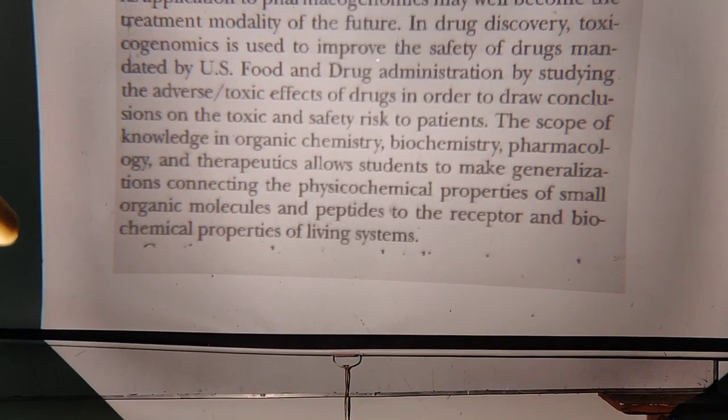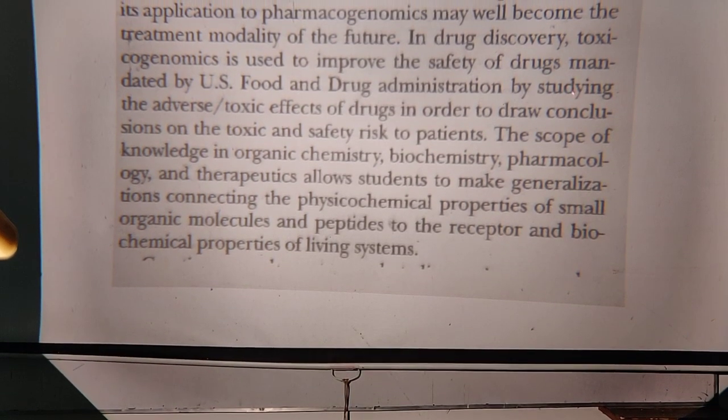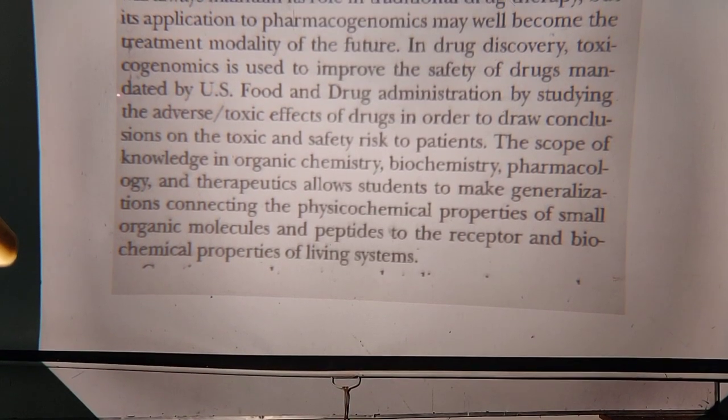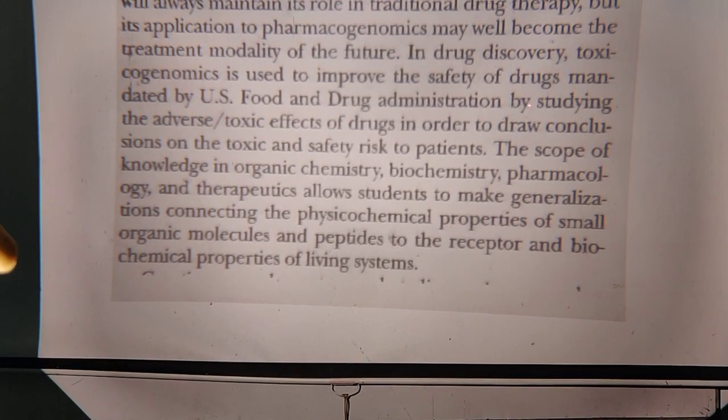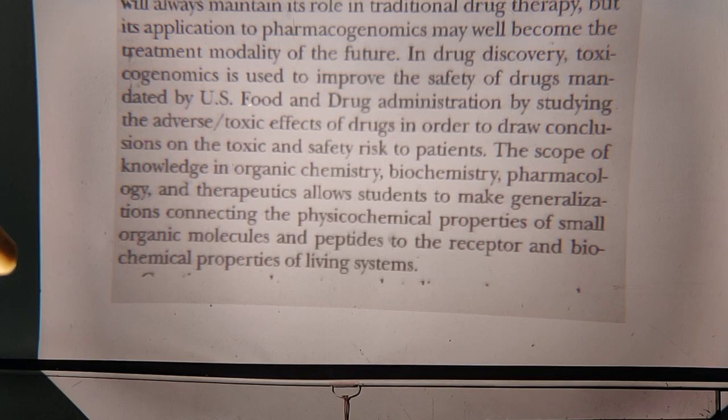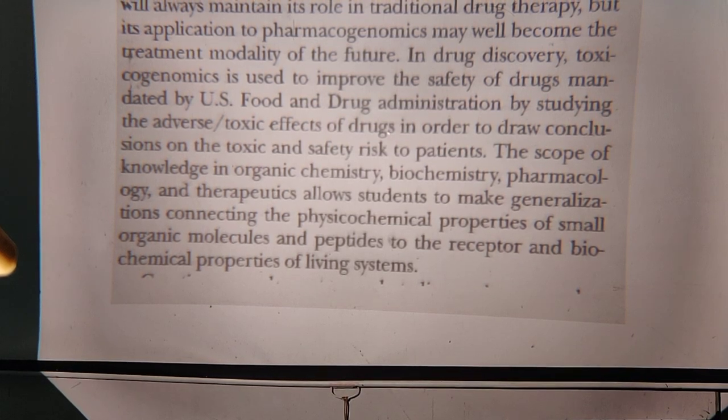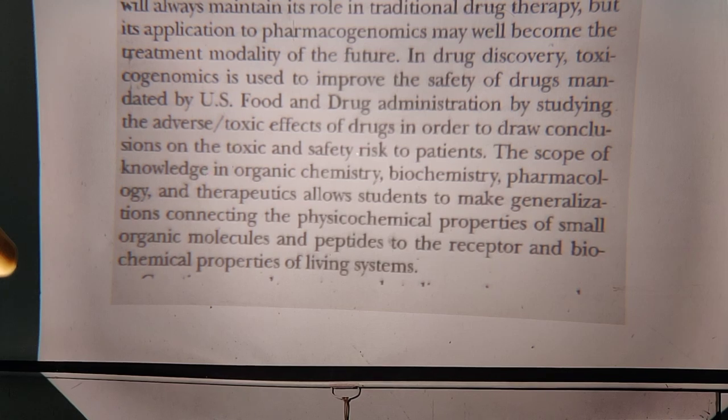Toxicogenomics is used to improve the safety of the drug monitored by the US Food and Drug Administration (FDA) by studying the adverse and toxic effects of the drugs in order to draw conclusions on the toxic and safety risk to patients. That is more important.